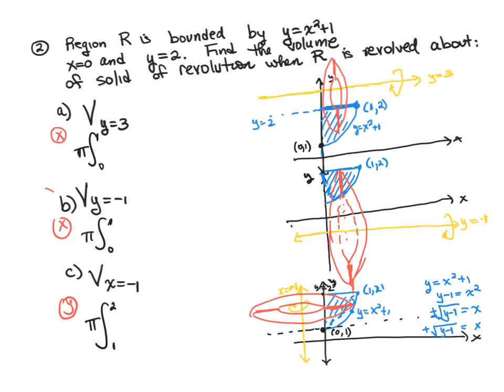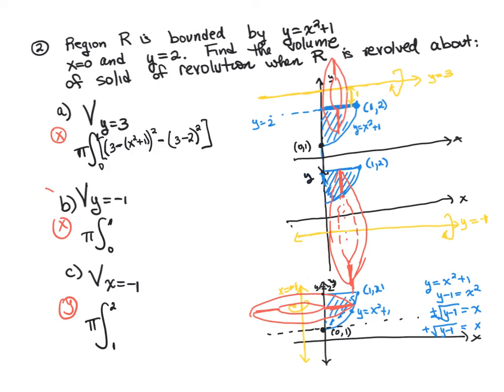For the first one, we take the axis of revolution and subtract the function furthest away. That's the parabola, and this needs to be in parentheses because we're subtracting it, squared, minus the axis of revolution minus the function closest to the axis of revolution, which is the line y equals 2, squared. And this distance, the inner radius, will always be 1.